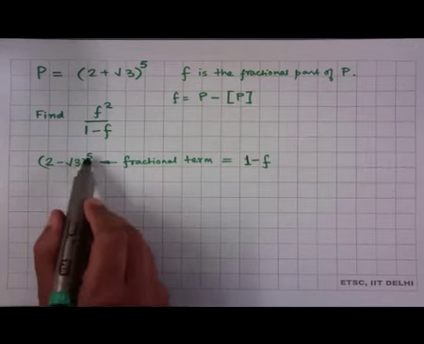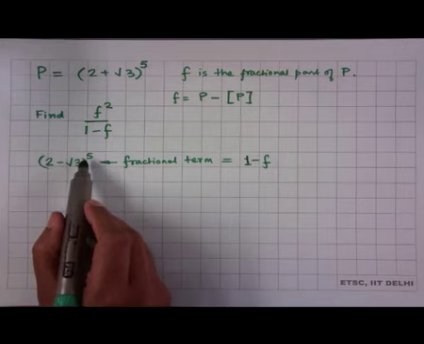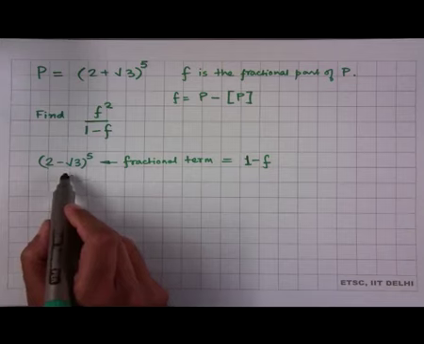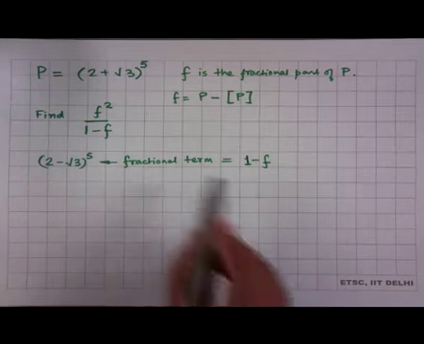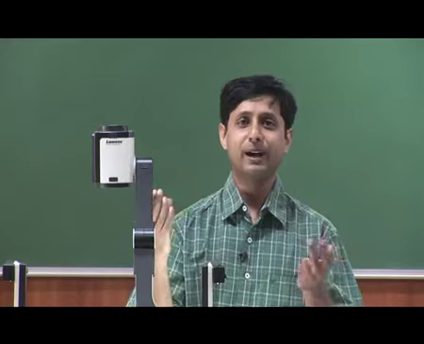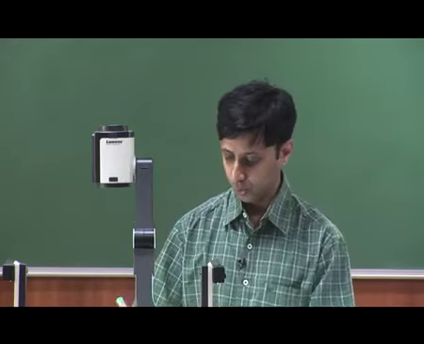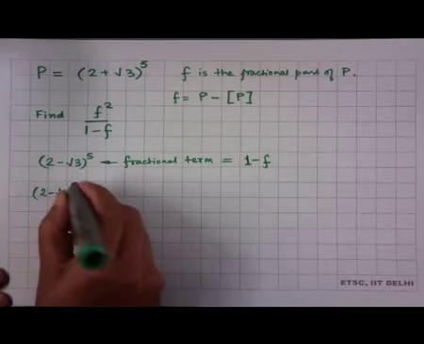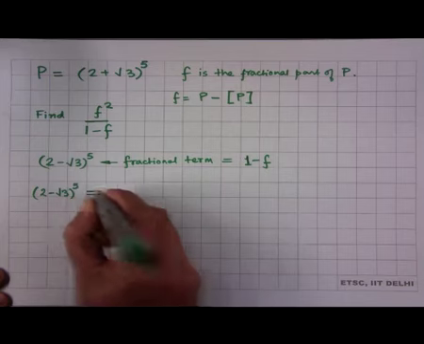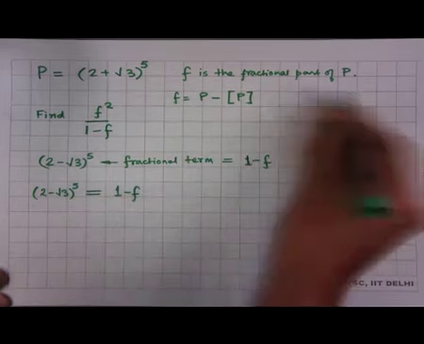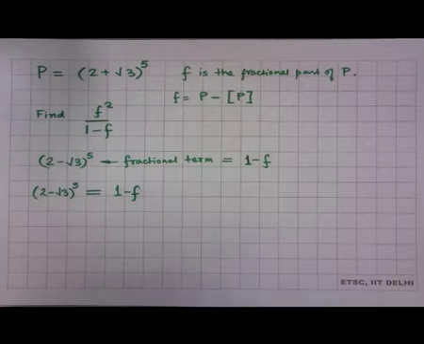So, that whole to the power 5 is certainly going to be less than 1, which means that the integer term is 0, which means that all you have is the fractional term. So, (2 minus root 3) whole power 5 is equal to 1 minus f, where f is the fractional part of p. All right. So, this is what I have.